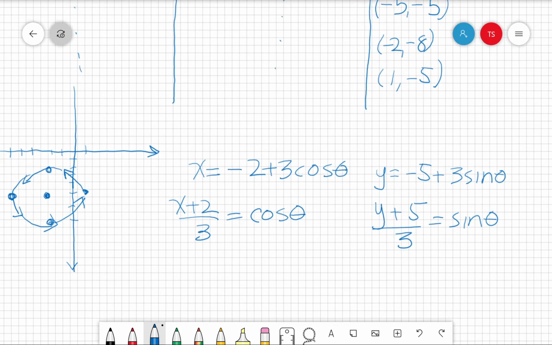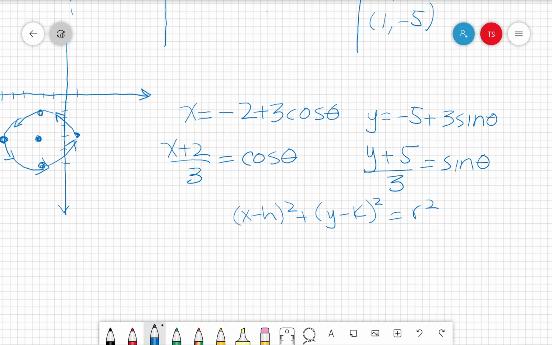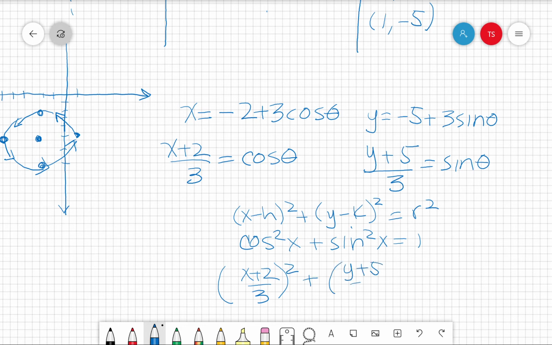And then if we use our equation for a circle, x minus h squared plus y minus k squared is equal to r squared, we can substitute in cosine squared plus sine squared is equal to 1. So this is going to give me x plus 2 over 3 squared plus y plus 5 over 3 squared equals 1.